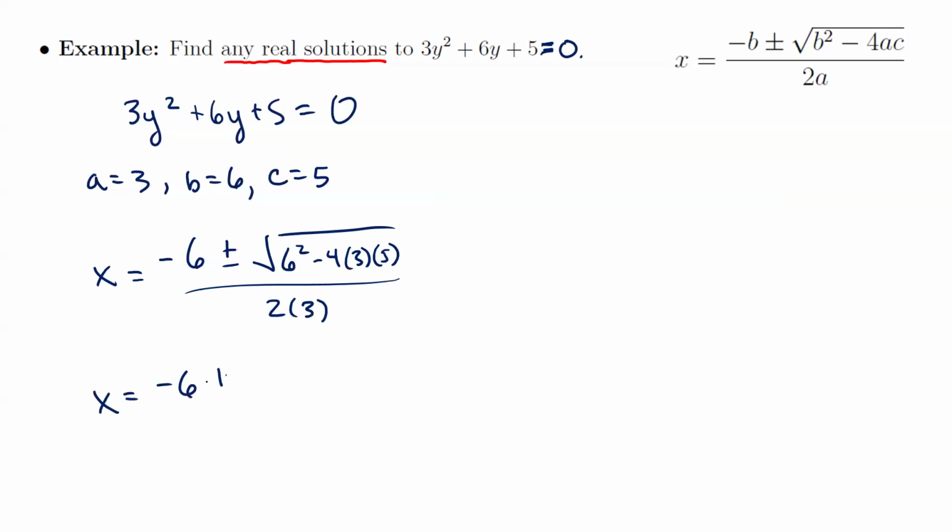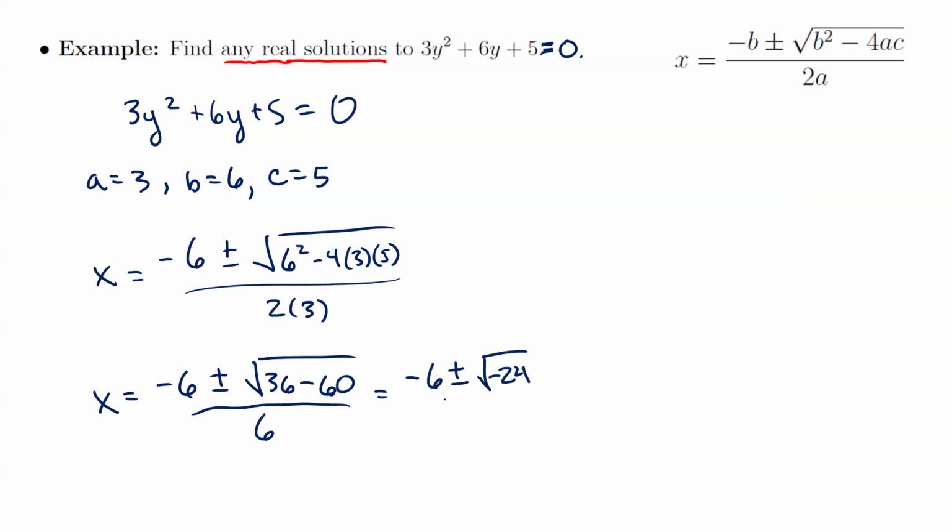As I do this simplification process, 36 minus 4 times 3 times 5 is going to give me 60, all over 6. So this is negative 6 plus or minus the square root of negative 24 over 6. Now let's just stop right there. We know that taking the square root of a negative is not a real number.